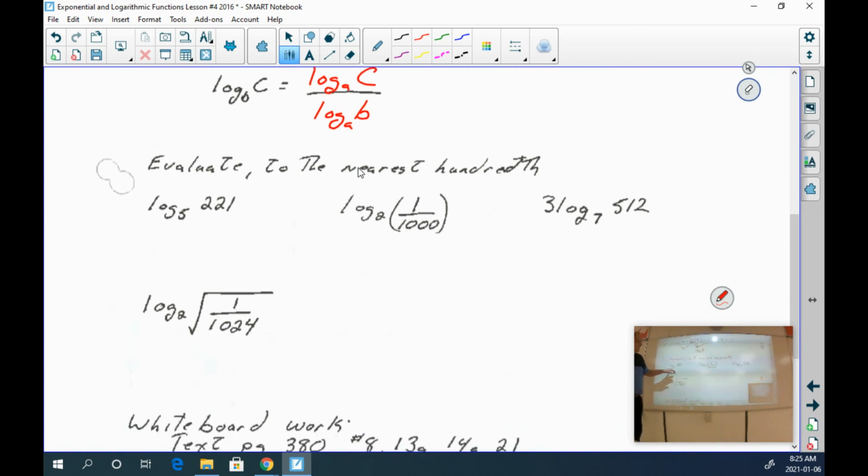So if I want to calculate log base 5 of 221, and I have only a calculator, let's say I have my phone. It has a log button, but it doesn't have the log base button. I would have to punch this in as log base 10 of 221, and I'm going to divide that by log base 10 of 5.